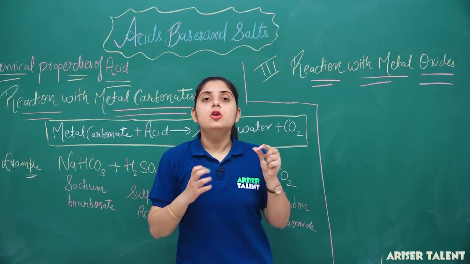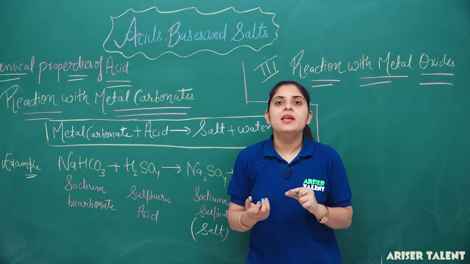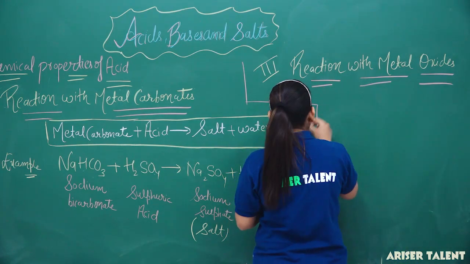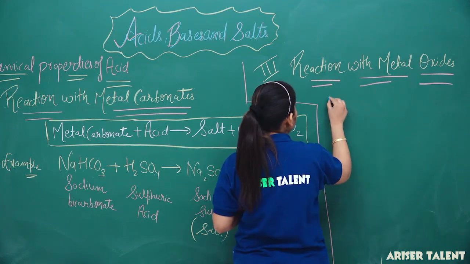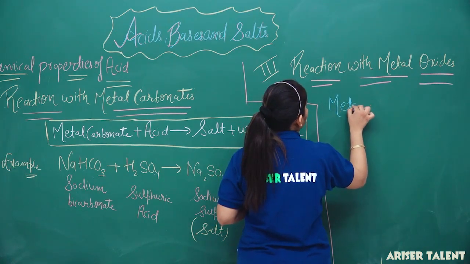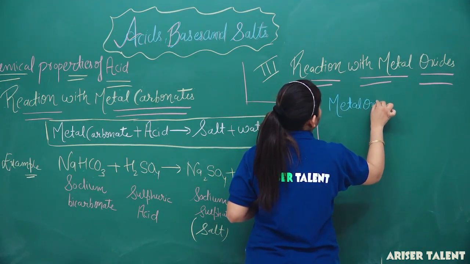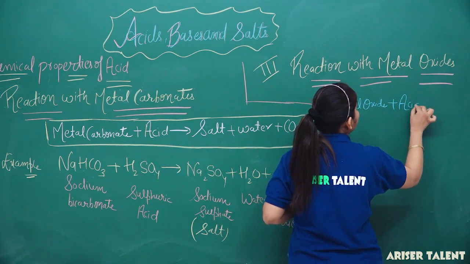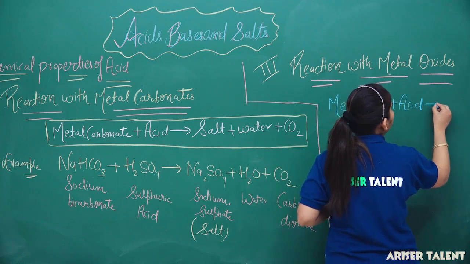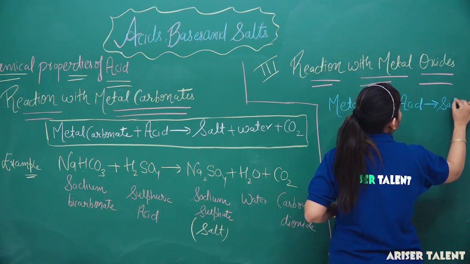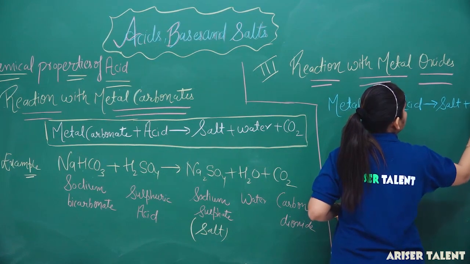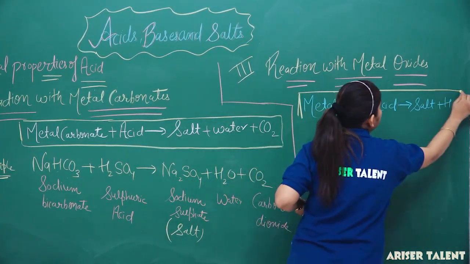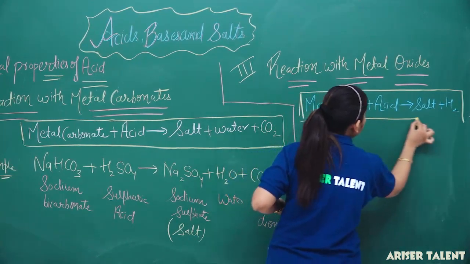Again we will get salt plus water. So if I am taking any metal oxide and I am doing its reaction with any acid, what I will get in the product side? Salt plus water. So this will be the general equation representation of any metal oxide with acid.